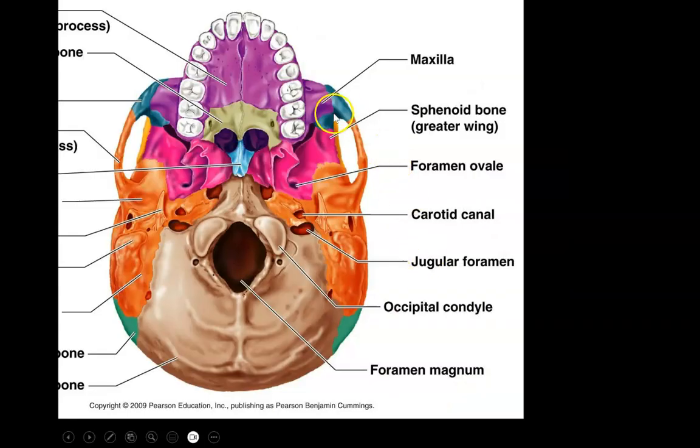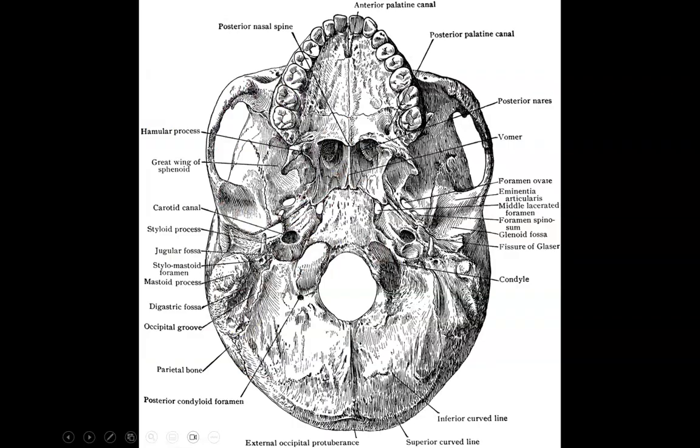And this is to show you that this is from the palatine bone. This is the sphenoid, this is the vomer, this is the sphenoid bone. Of course, lateral to the sphenoid is the squamous temporal and the petrous bone, and here is the occipital bone. As you know, it is going to be repeated.